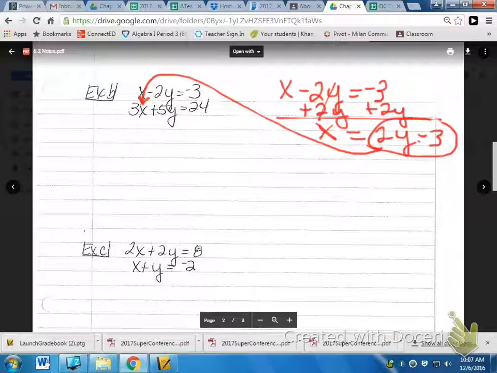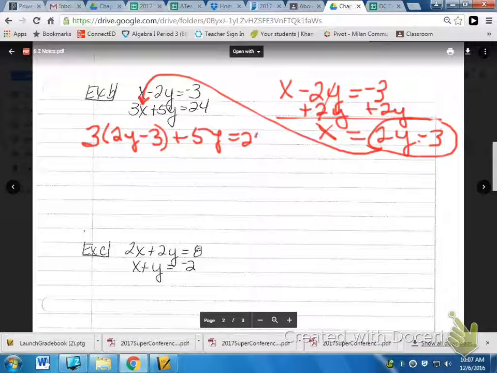Is that what you guys were thinking would happen? Hopefully. Okay, good. Now, do you see why the parentheses are important in this one? It's 3 times the quantity 2y minus 3 plus 5y equals 24. Okay? Any surprises there? We good?